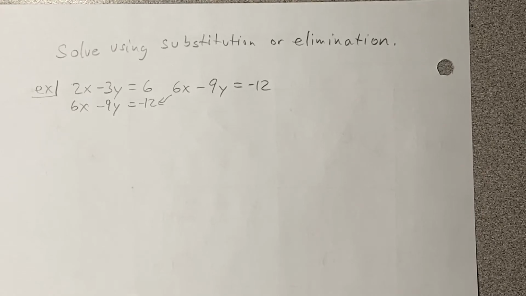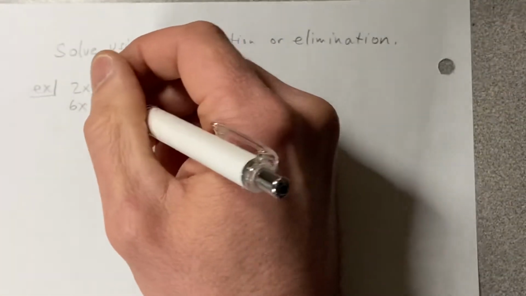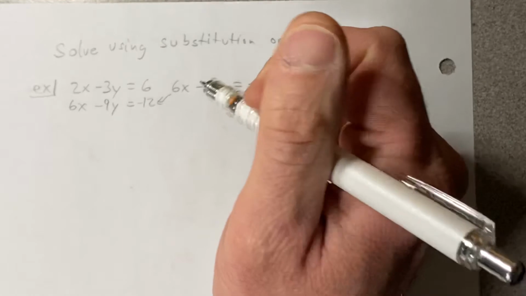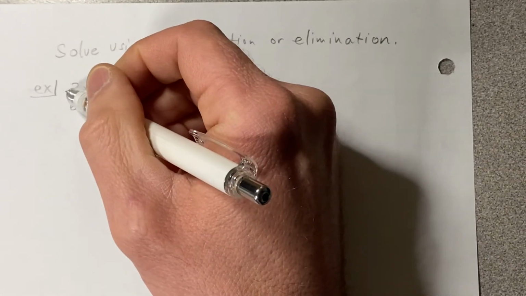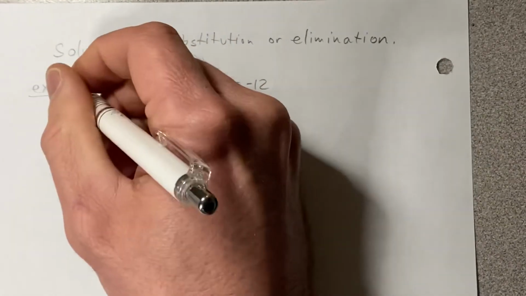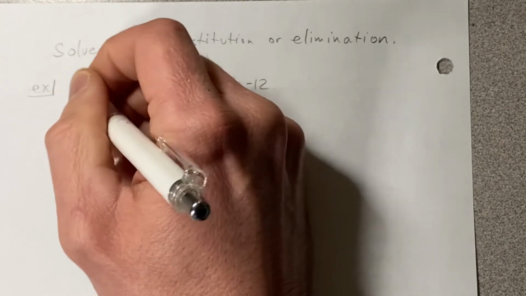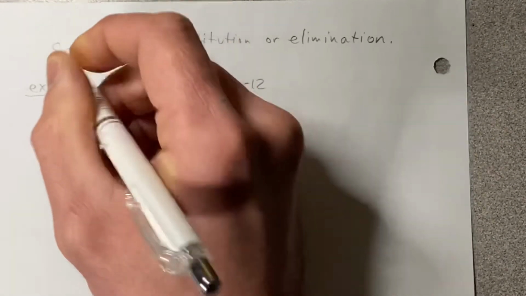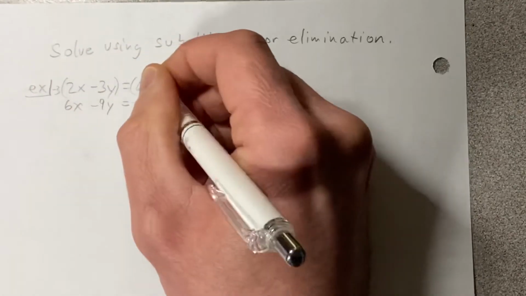In this case, if I added these up, nothing would go away, but I can remedy that by multiplying this top equation by what? It looks like I can multiply it by a negative 3 to get the x's to eliminate. So we have to multiply everything by a negative 3.